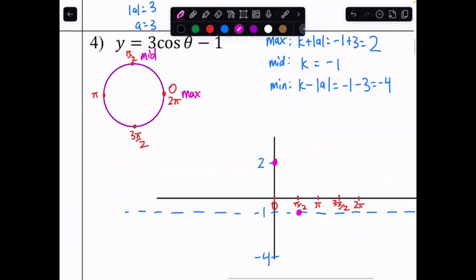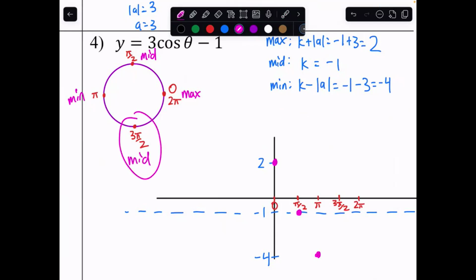Okay. Continuing, angle pi, its point is the minimum x. It's the furthest left point on the whole circle, which means the smallest x value. So angle pi will be at the minimum value. Okay, so angle pi is at the minimum value of -4. Next key angle, 3 pi over 2, is back in the middle of the x values.